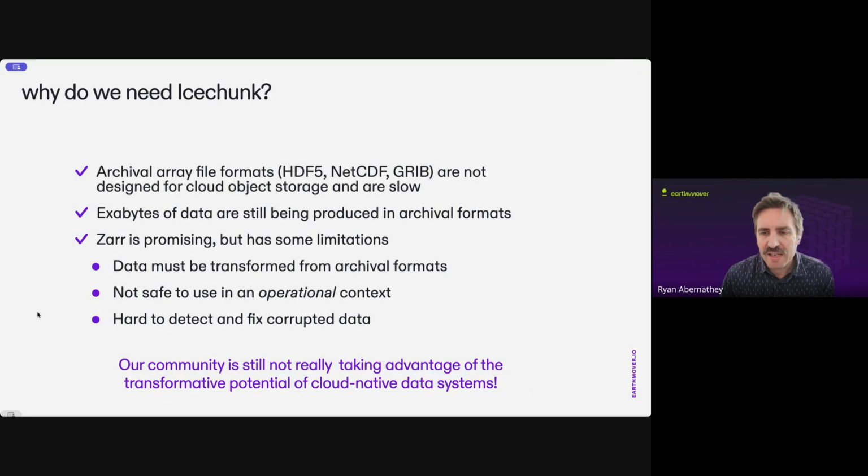However, those data formats aren't really designed to work well in the cloud. And so they can be slow, and we can't get that sort of cloud native performance from those file formats. And of course, we're still producing so much data in those existing file formats.